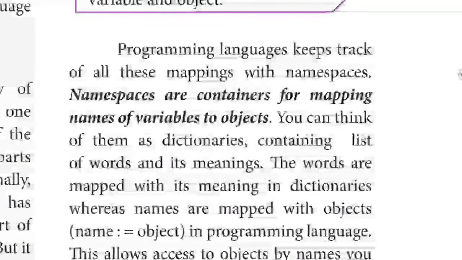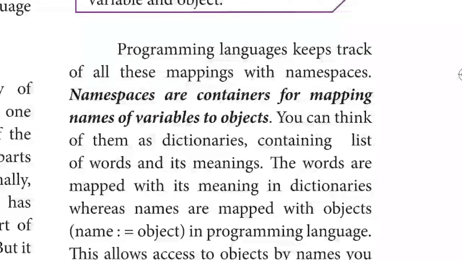Next thing is namespace. There is a concept called namespace, or containers for mapping names of variables to objects. Namespace will collect all the variables in a program, and it will have a ledger-like thing.